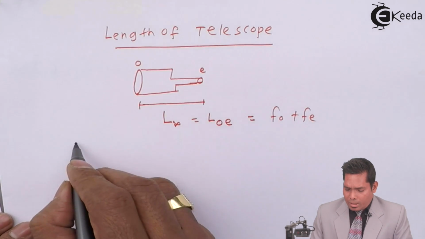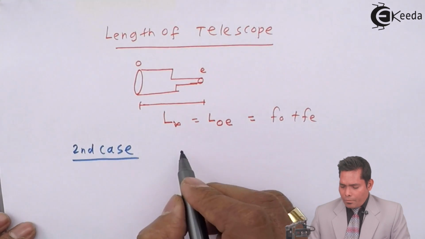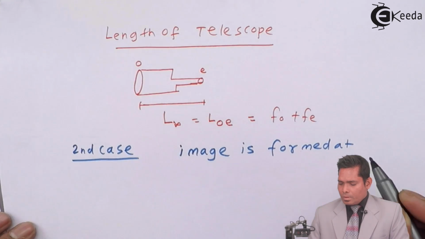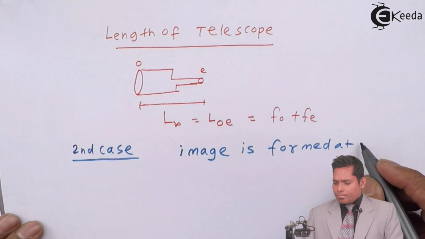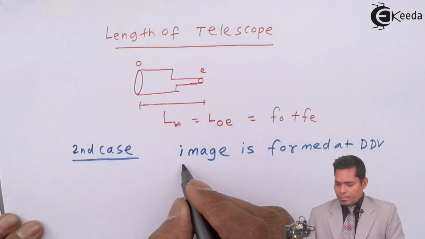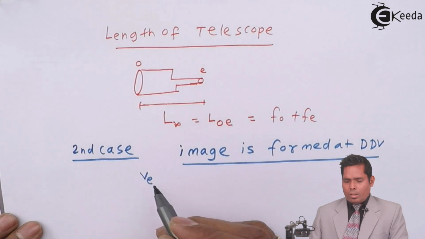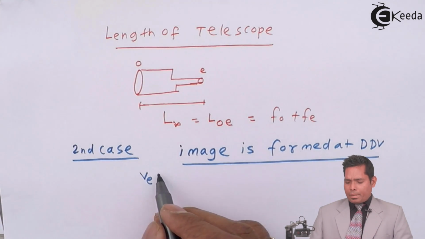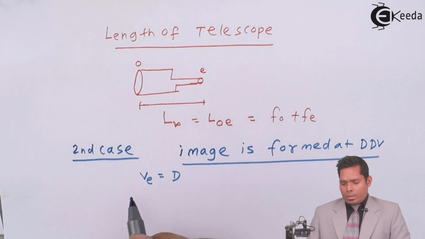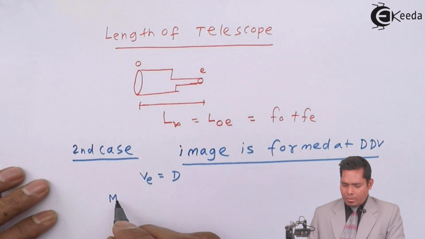Next situation is the second case, when the image is formed at D, that means the final image from the eyepiece, VE, is D. Then in that case, what is the magnifying power?